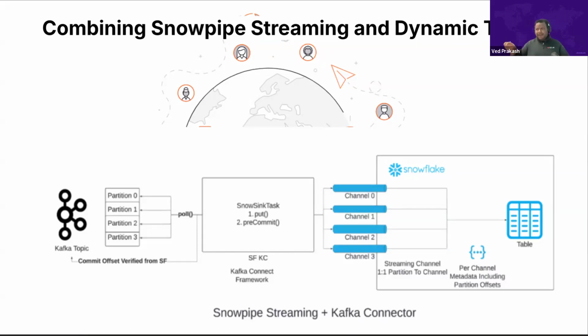Consume the data from there, write it to the queue, a streaming service, and that streaming service is just responsible for connecting and writing to the Snowflake Snowpipe streaming service. The streaming channel is responsible for writing to the table, and the downstream table gets filtered data every 10 minutes or 5 minutes, whatever we define.